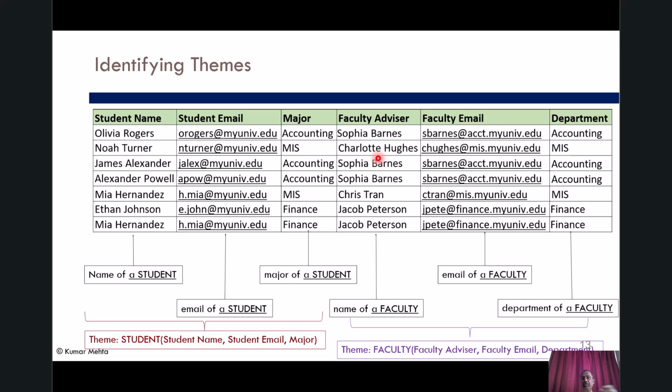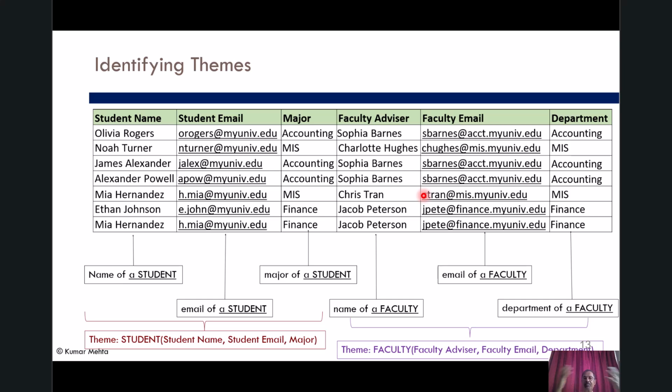Now, when I look at this simple example, I see some sort of groups of themes. They just sort of leap out at me. For instance, when I think about a student, I can see that student name, student email, and their major kind of go together. Those three things are associated with a student. Okay, and these other columns that we have don't seem to be characteristics of students.